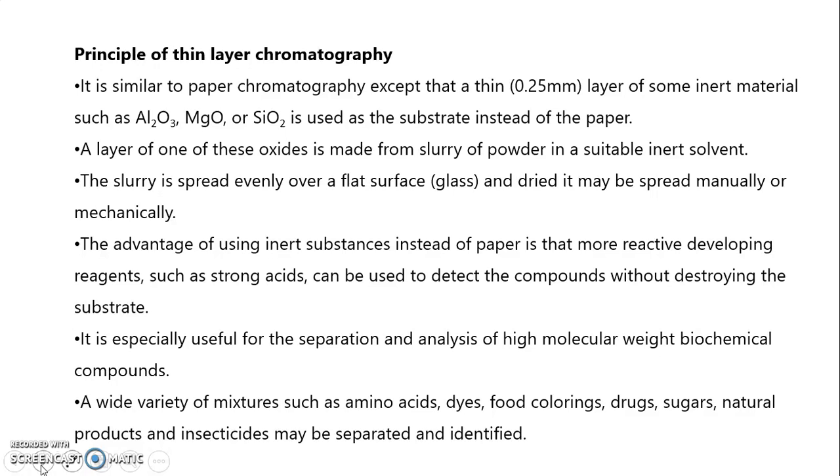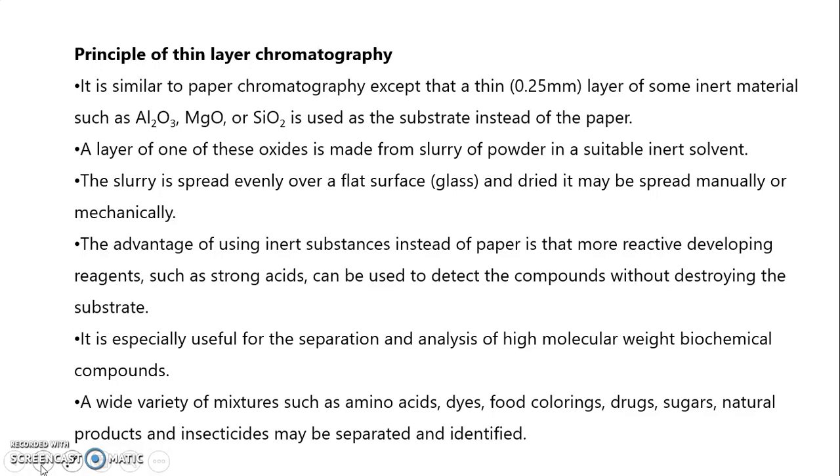Now we have automated thin layer chromatography preparation apparatus. We can just mix the slurry, put it in an applying apparatus, and it will apply evenly on the surface. Normally we do it in a mechanical manner, applying by glass rods or by hand.